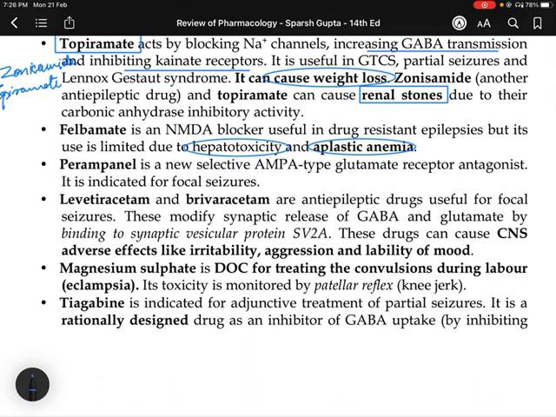These modify synaptic release of GABA and glutamate by binding to synaptic vesicular protein SV2A. So these drugs bind to it and modify the synaptic release of GABA and glutamate. These drugs can cause CNS adverse effects like irritability, aggression, and lability of the mood.